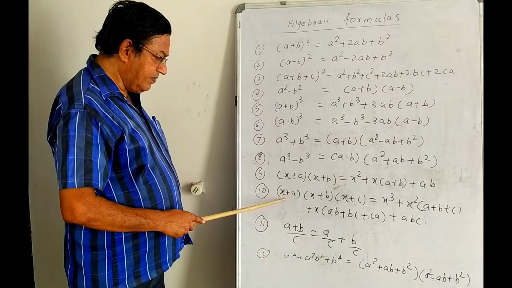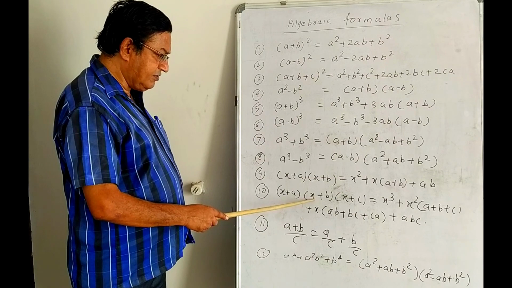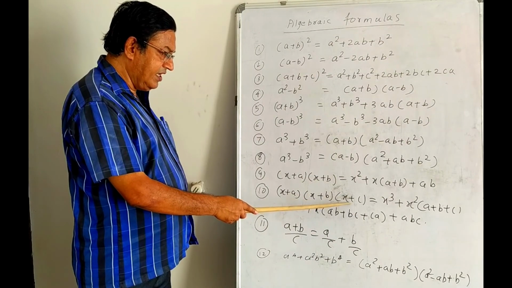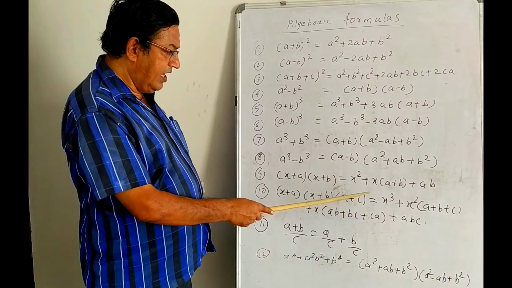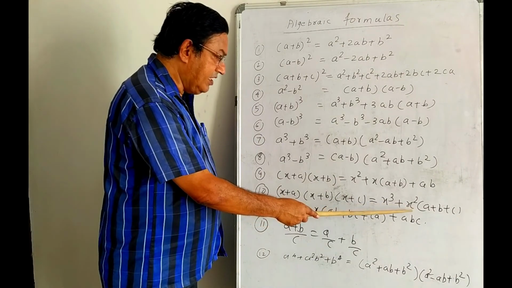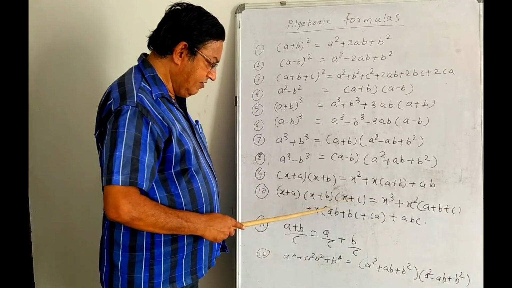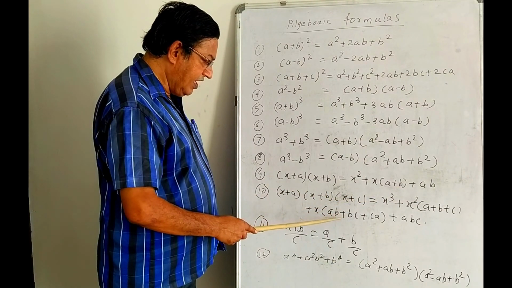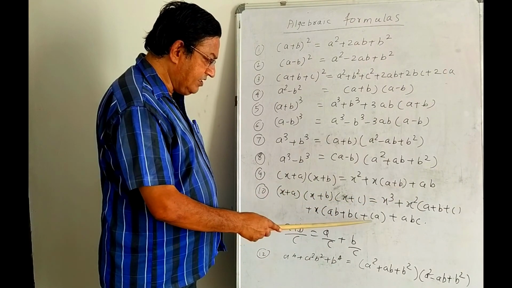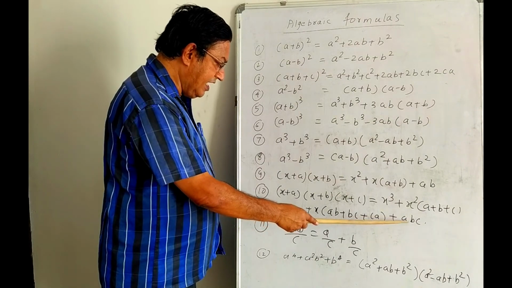Next one is (x + a) into (x + b) into (x + c) equals x cube plus x square into bracket (a + b + c) plus x into bracket (ab + bc + ca) plus abc.